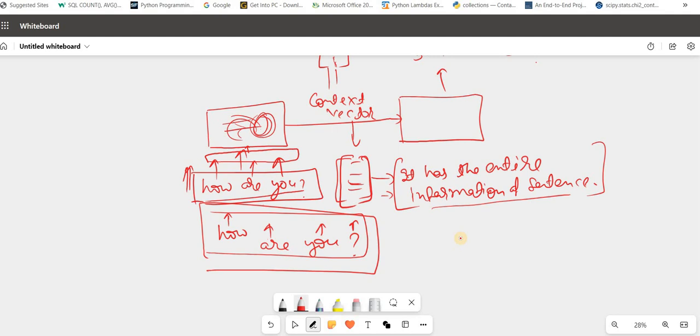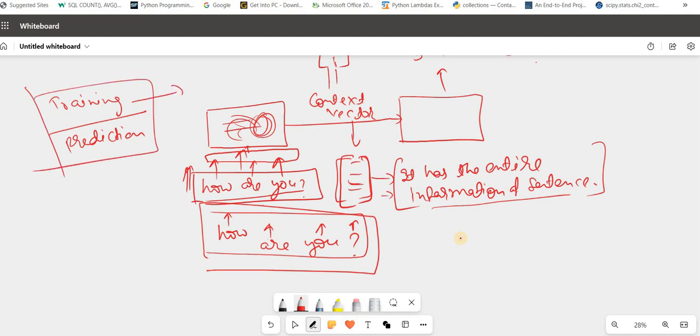See, there are two things: one is called training, and the other is called prediction or inference. The way you trained your model, you have to utilize it in the same way. While generating the text, the model should understand whether it has to stop or not.